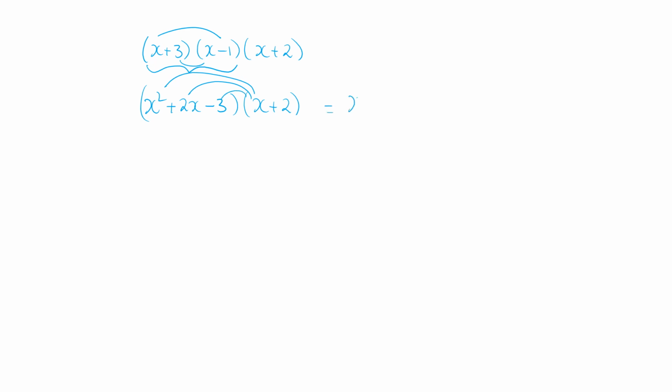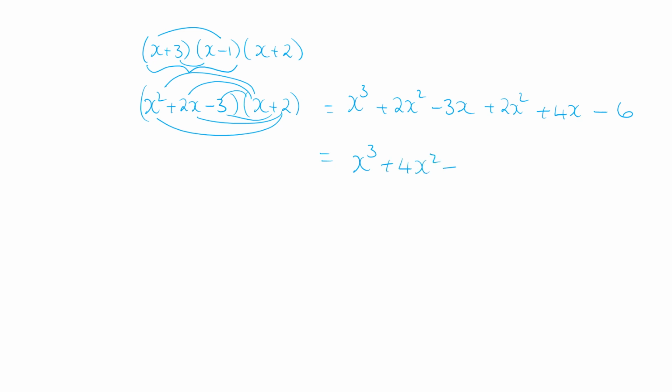So that would be x cubed plus 2x squared minus 3x. And then multiply the 2 in. So that would be plus 2x squared plus 4x minus 6. And then collect like terms, x cubed plus 4x squared plus x minus 6.